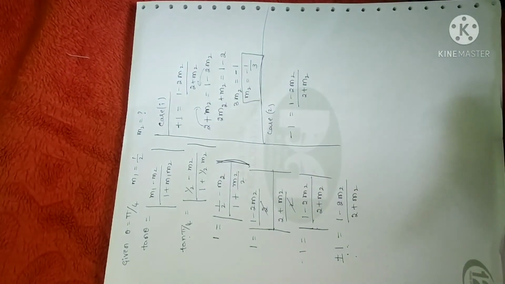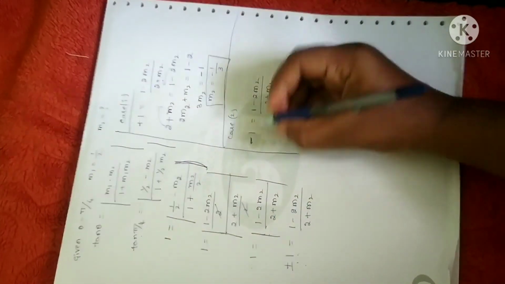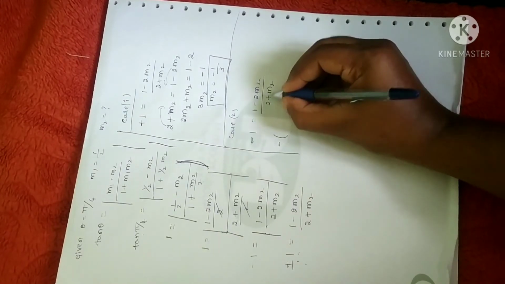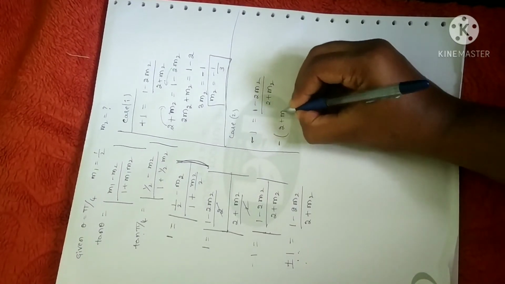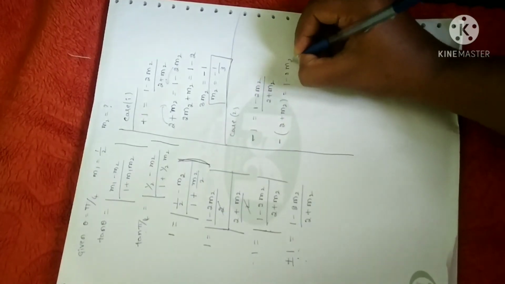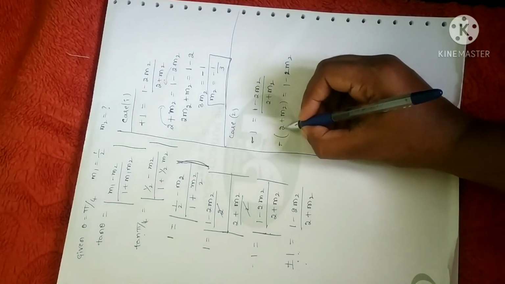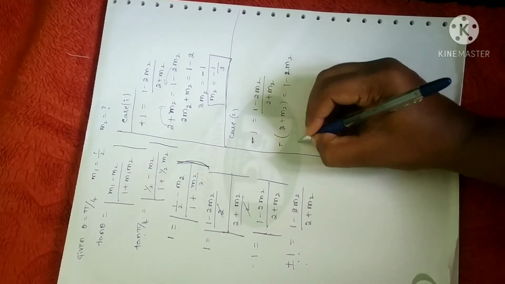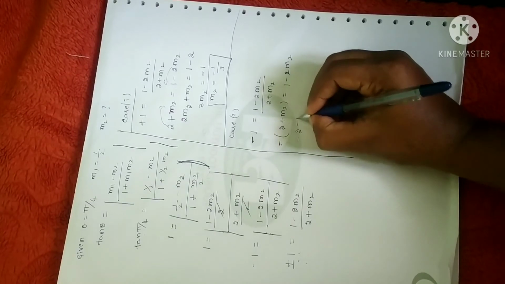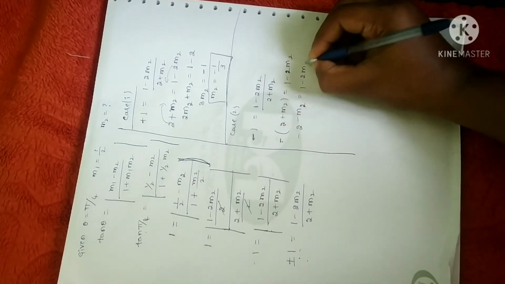Fine. You have to do the same for the second case as well. Since you have the negative sign, keep this negative sign as it is. You just do the cross multiplication, which is equal to 1 minus 2m2. Now I'm going to multiply the negative sign inside. So you will get minus 2 minus m2 is equal to 1 minus 2m2.